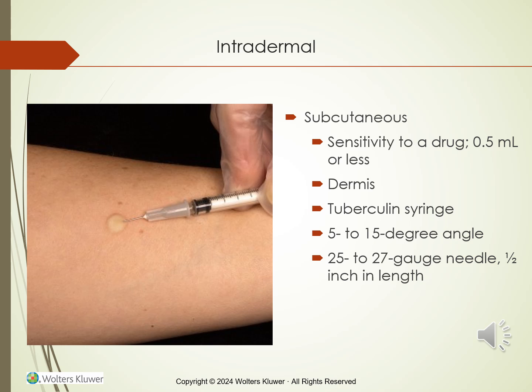When an intradermal injection is given, a small amount of the drug is injected under the dermis, and then the patient is evaluated for any potential reaction. This is typically done at a 5 to 15 degree angle with the needle that is 25 or 27 gauge, which is ½ inch in length.